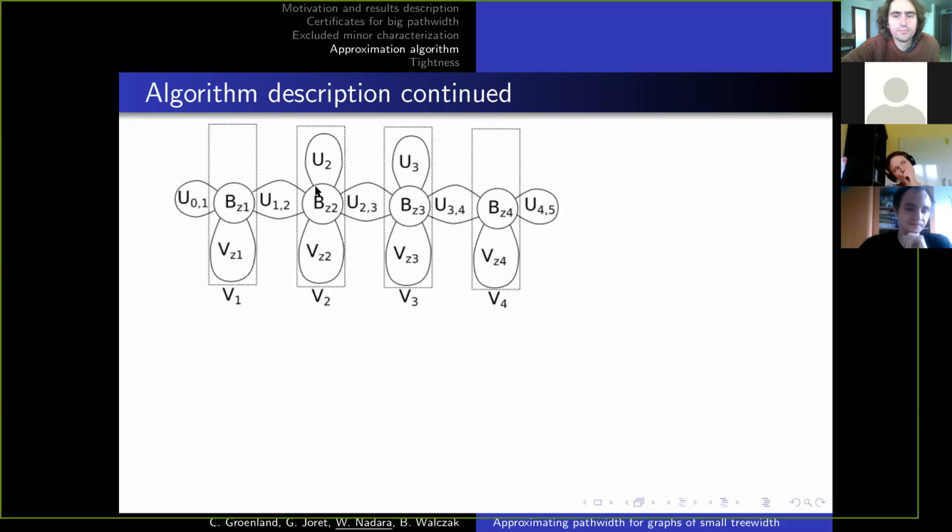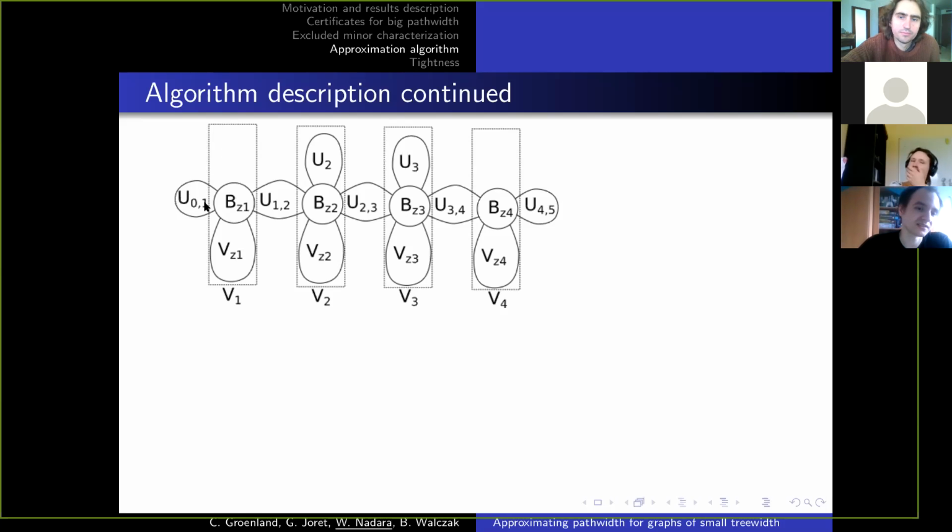And there are also vertices that can be connected to only 1 big subgraph. For the second big subgraph, it will be U2. For the third, it will be U3. For the first and last bag, we have a little exception.